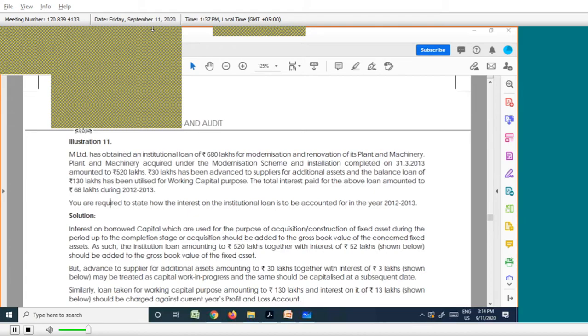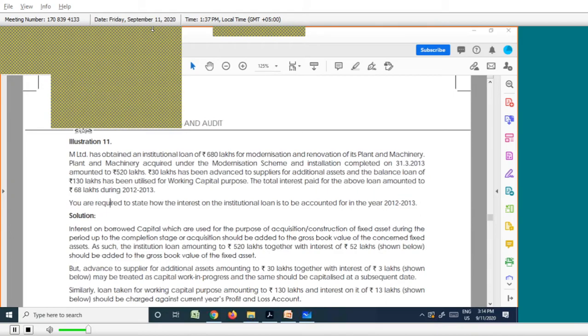How to interpret the question, sir? By the words given in the question. From that you try to interpret. First line: M Limited has obtained an institutional loan of 680 lakhs for modernization and renovation. What is this modernization? Modernization means what? Renovation means what?